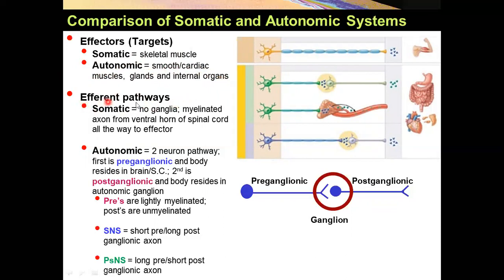Now let's look at the efferent pathways for the somatic and autonomic nervous systems.